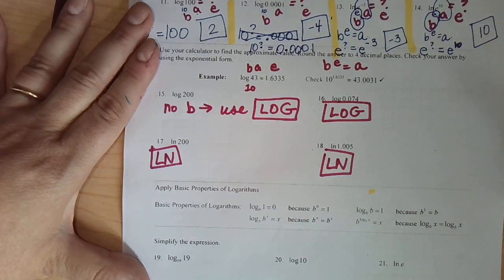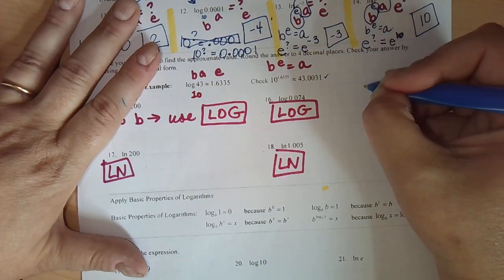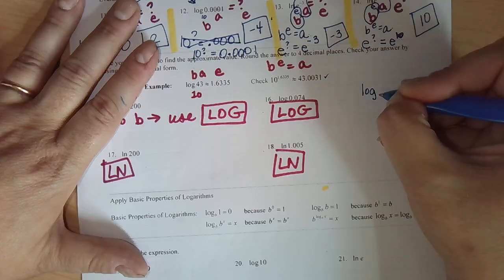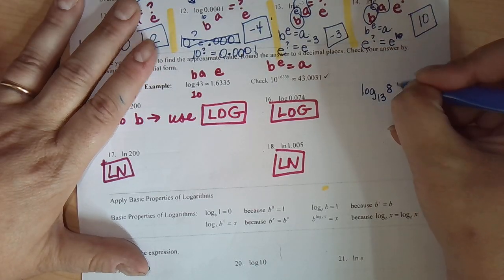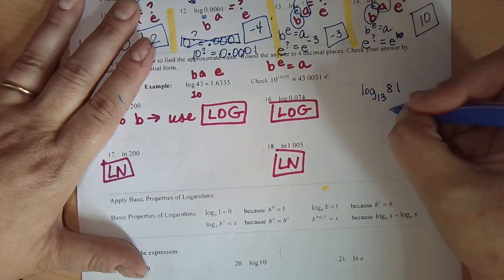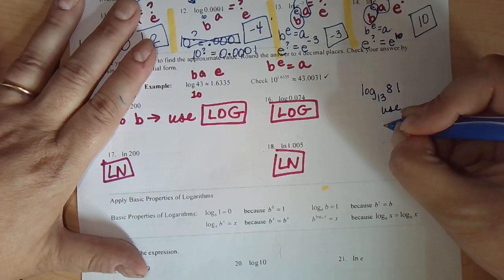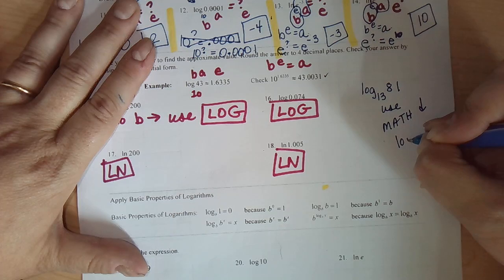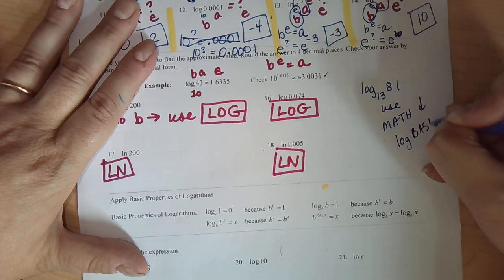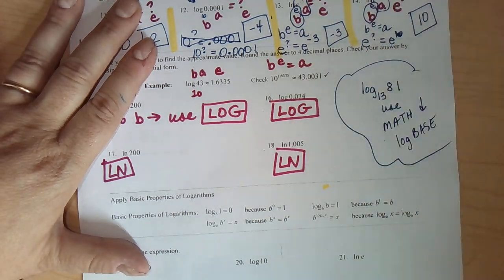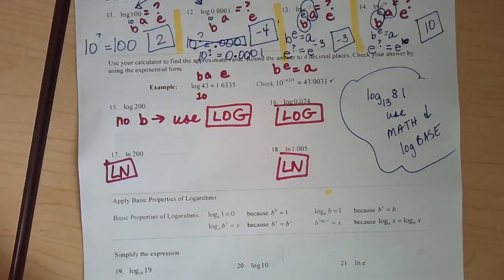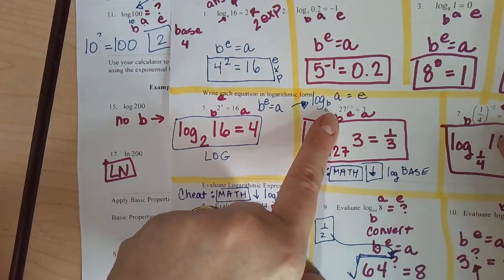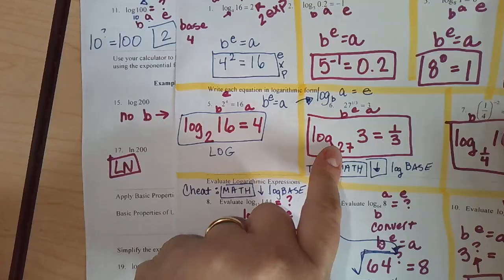If it would have said log 1381, we would use math down to log base. Kind of like we were playing around with on number 6 on the front of the page. Remember, we were just kind of playing around.